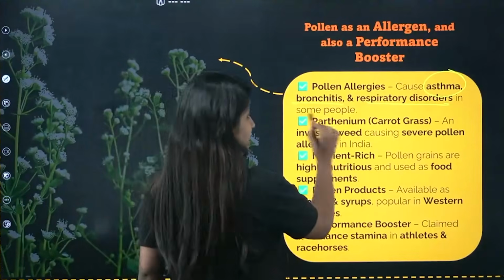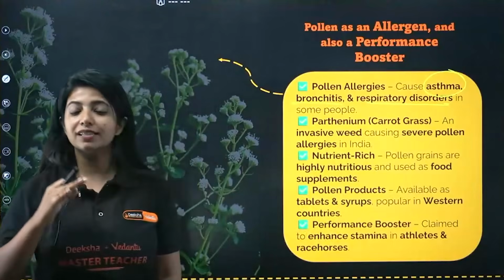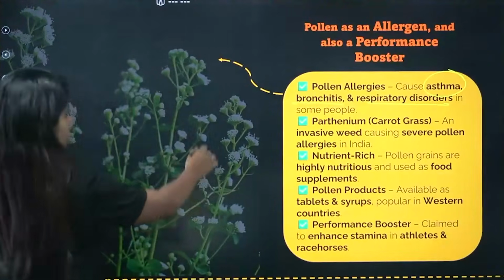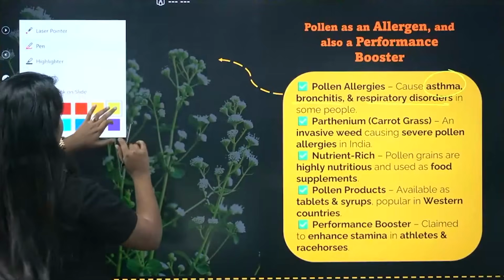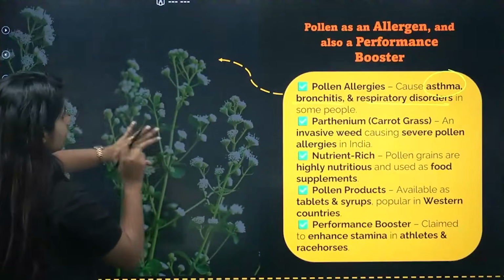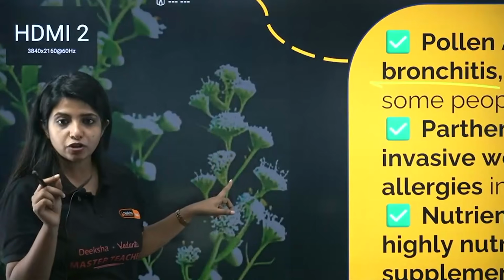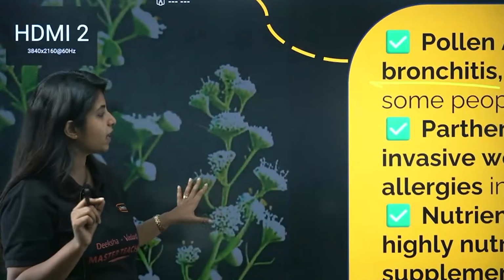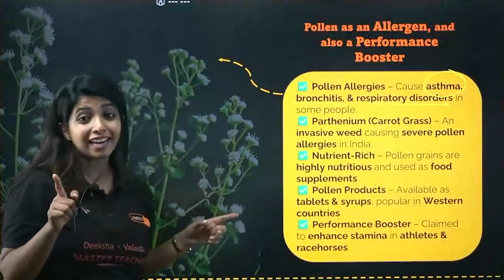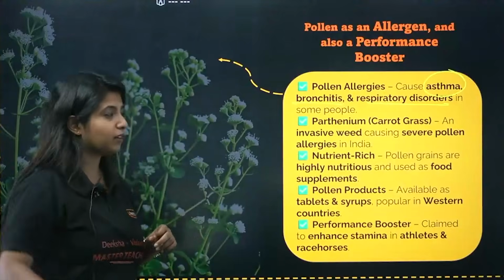Cool. Now, next is the one that causes severe pollen allergies. I'm pretty sure that you have seen this on the roadside, the small flower-shaped structure like this, a white color flower. The previous year I showed it. In tomorrow's class, I'll probably bring that flower, if I can.